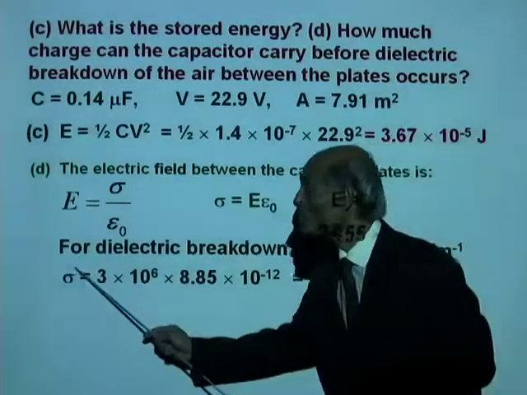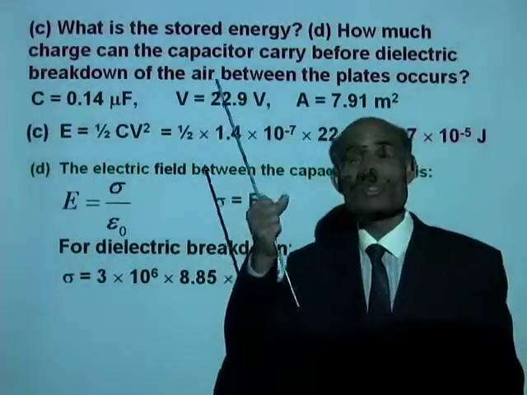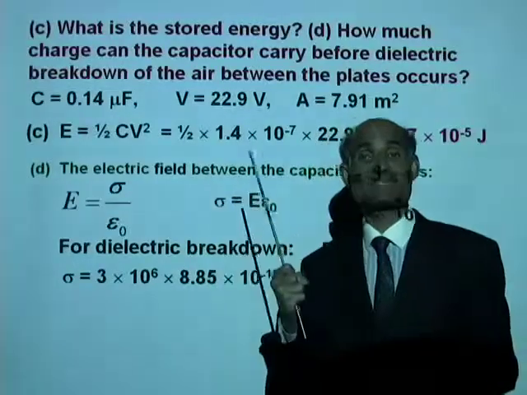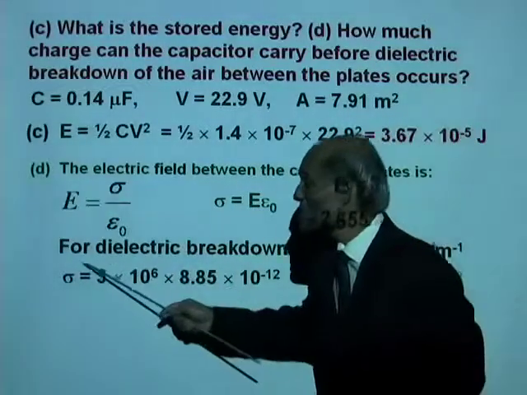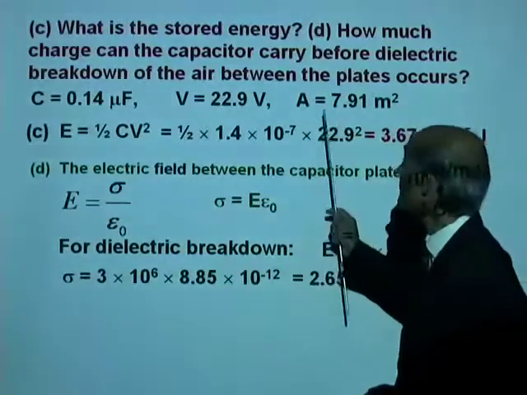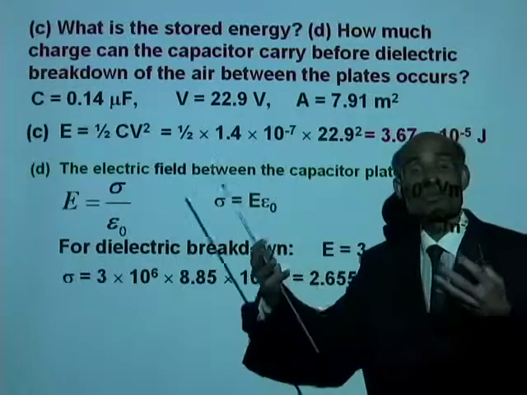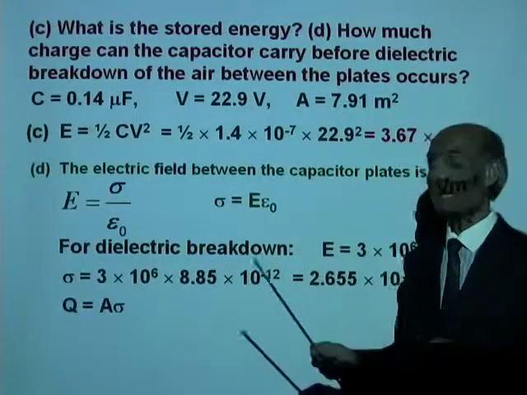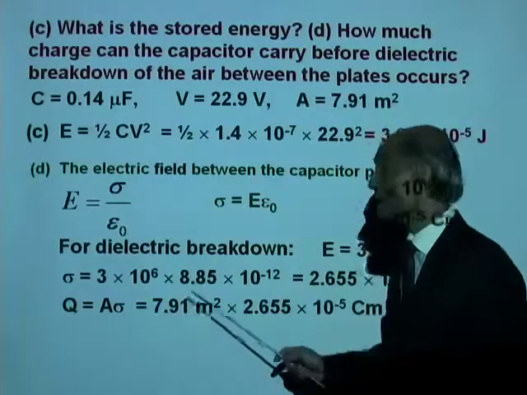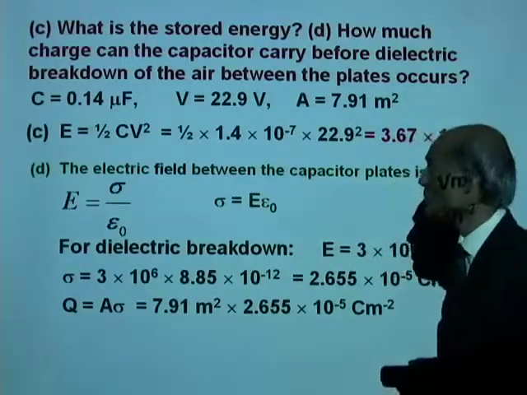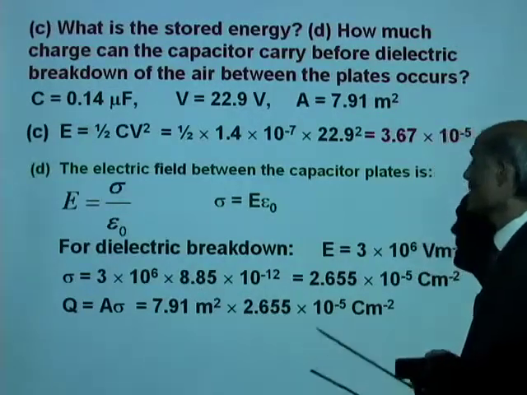Well, if you know the surface charge density, how would you find the total charge on the capacitor plates? I think that's simple, because surface charge density multiplied by the area of the plates will give you the total charge on the capacitor plates. Q equal to A times sigma, the area is 7.91 meters squared, and sigma we just calculated.